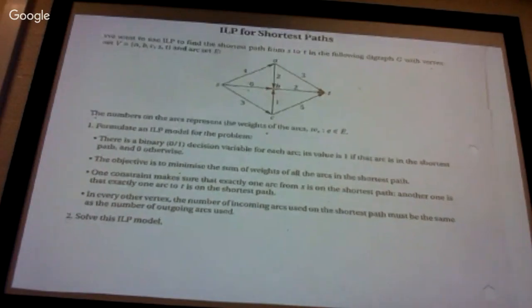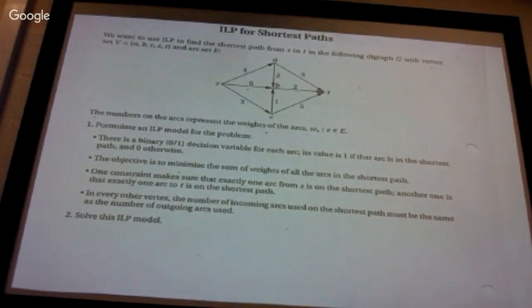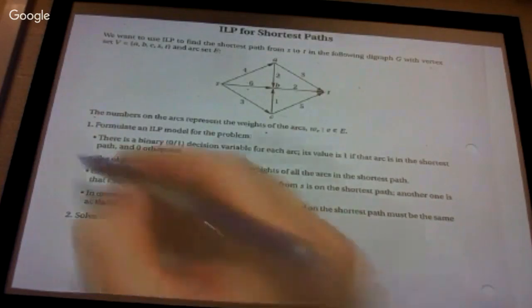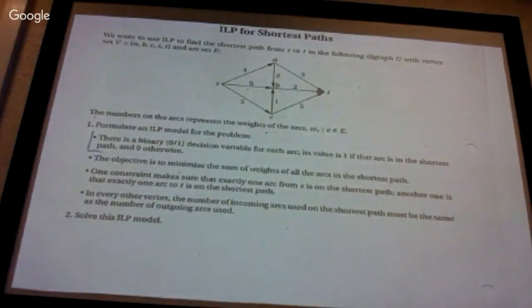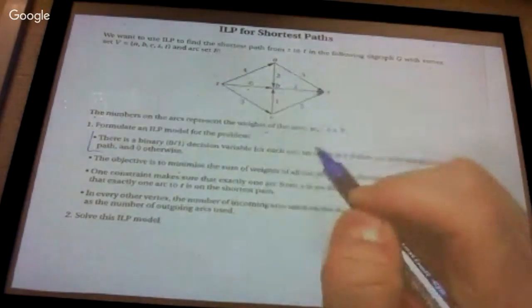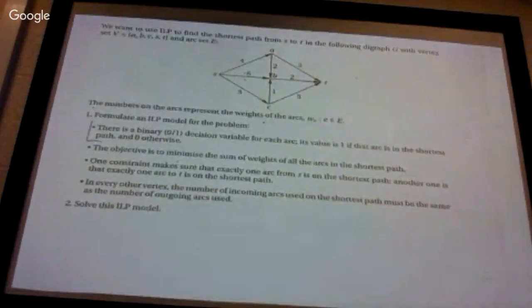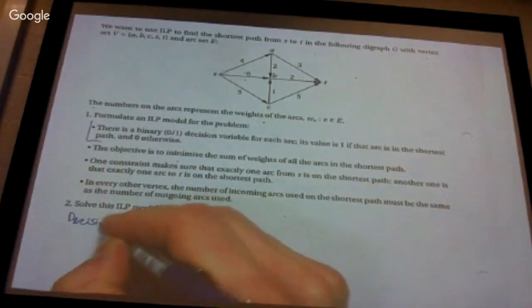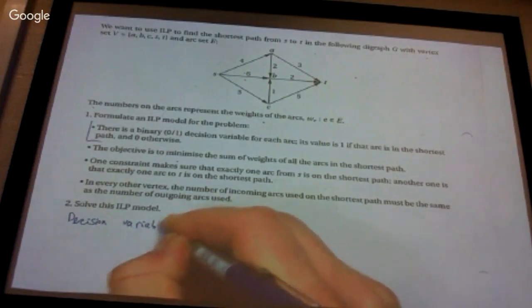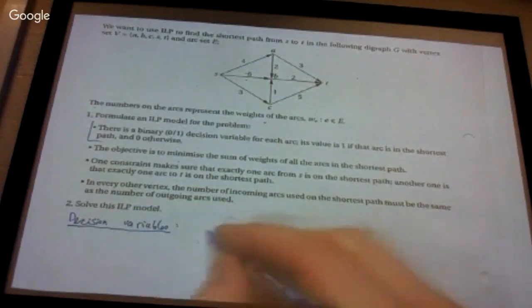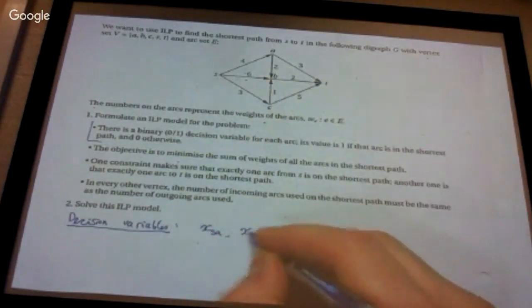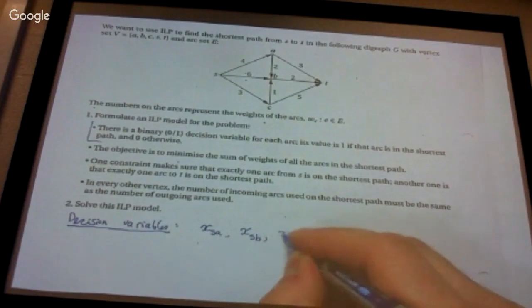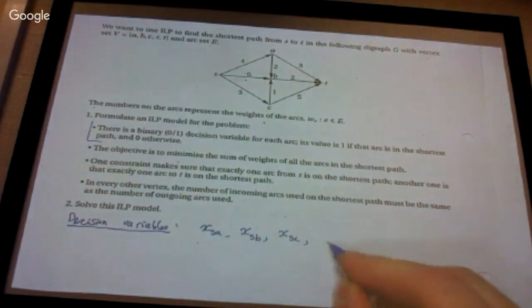So what we want to have, as it says in the question, is a binary, so that's a 0, 1 decision variable, for each of the arcs of this graph. So the decision variables would be x1 for SA, and then SB, and then SC, and so on.